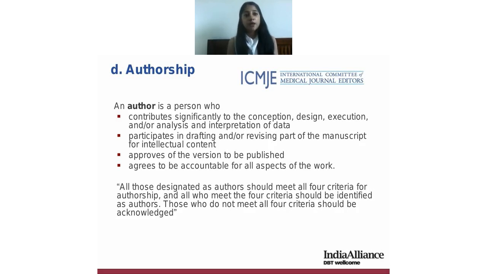An author is a person who contributes significantly to the conception, design, execution, and analysis and interpretation, participates in writing or revising the manuscript, approves of the version to be submitted, and agrees to be accountable for all aspects of the work. Again, to reiterate, one who doesn't meet all 4 criteria should be acknowledged.